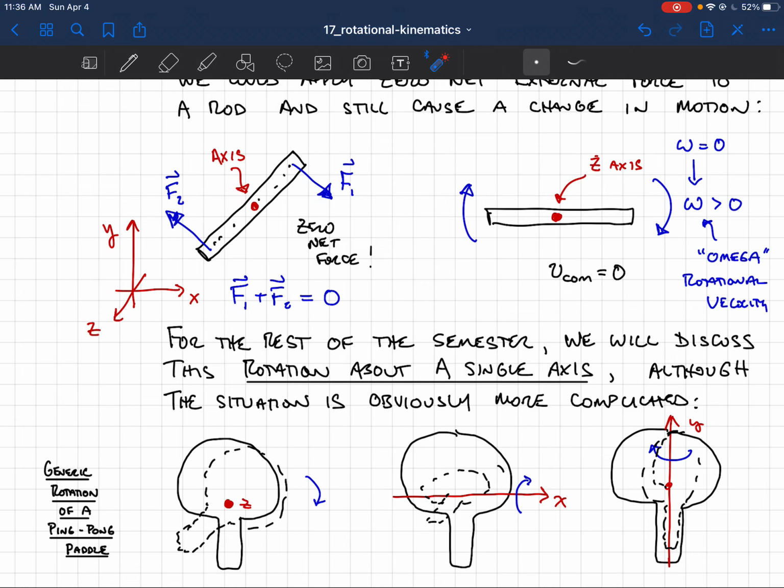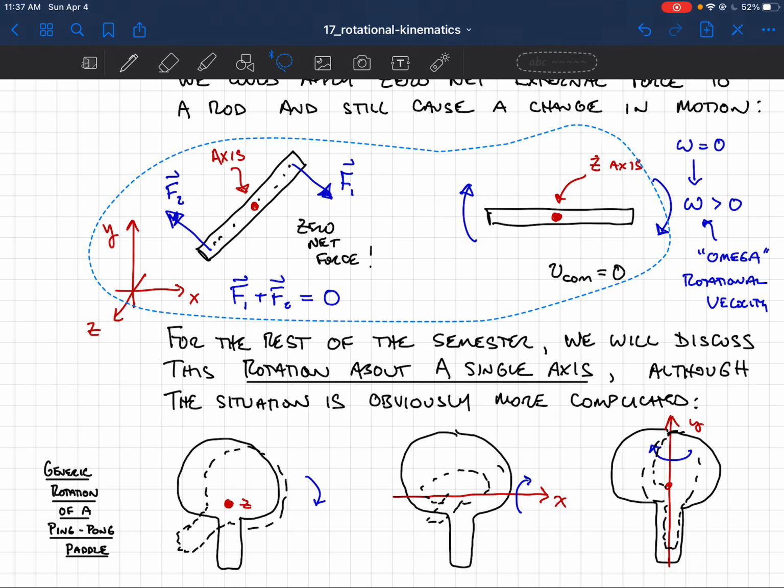That is a very complicated process, and it takes a little bit more math than we have in order to describe that carefully. So we're going to focus only on this case up here, the case of rotation about a single axis. We'll call it the z-axis so that we can think of the page as the xy plane. And we'll talk carefully about that kind of motion.